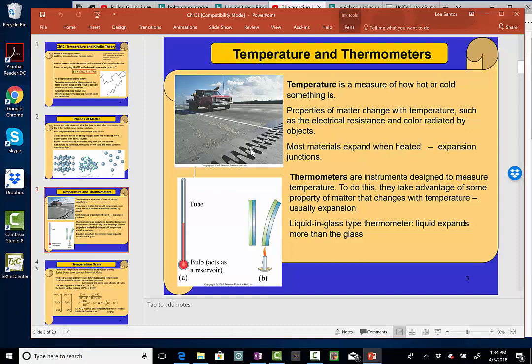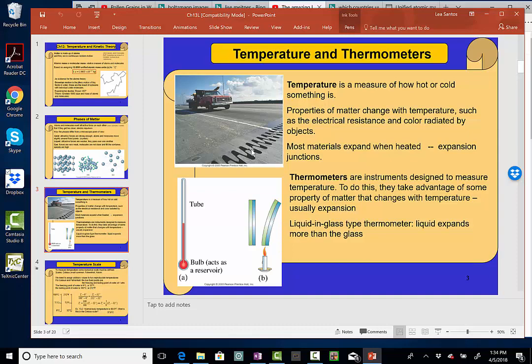Now, the road is attached to the ground and so on. The bridge is hanging up there, so it may expand more or contract more. So this little gap between the road and the bridge is to take into account these expansions and contractions.